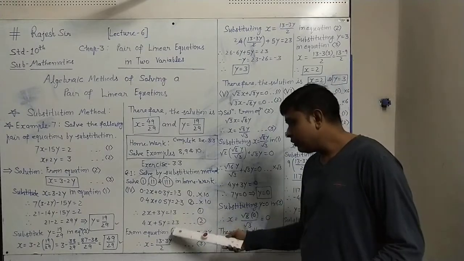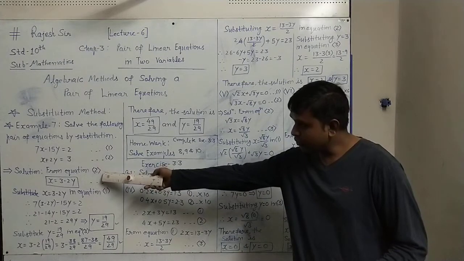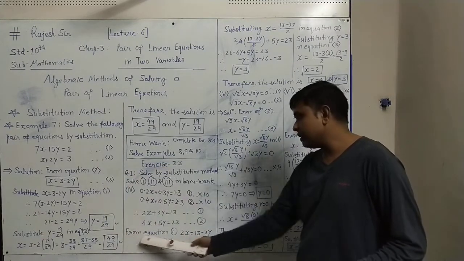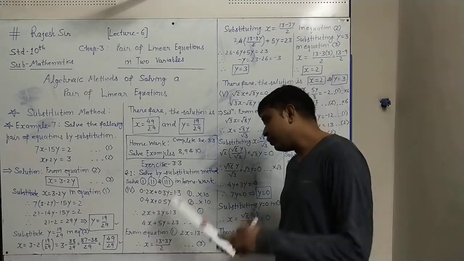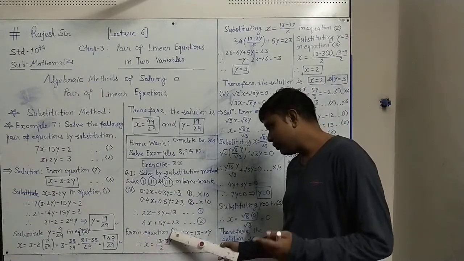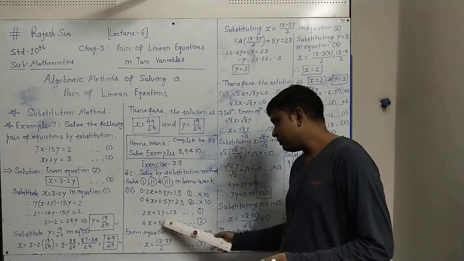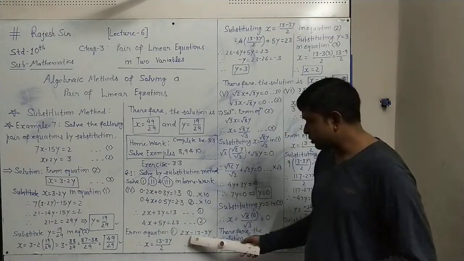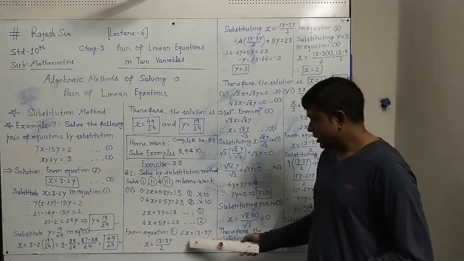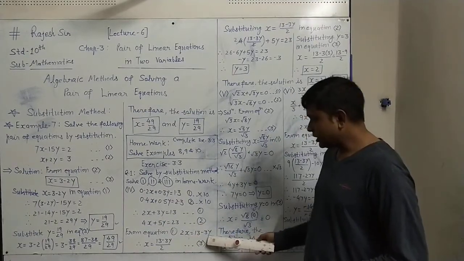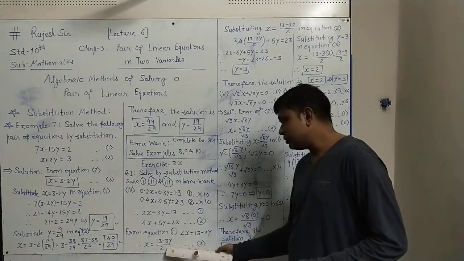We can take any of the two given equations. In example 7 we started with equation 2; here we have started with equation 1. We can take any equation first. Here we select equation 1, 2x plus 3y equal to 13. We can make it 2x equals 13 minus 3y. Now this 2 we can take down here, so x equals 13 minus 3y upon 2.